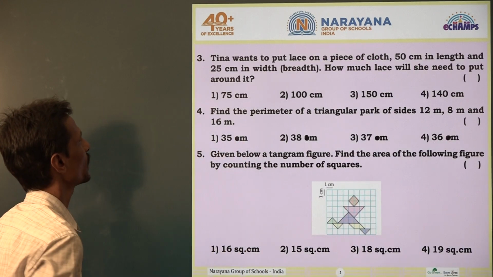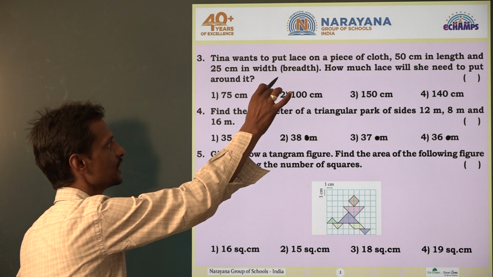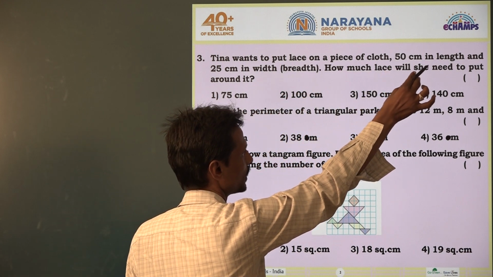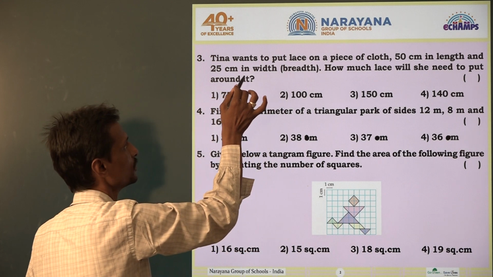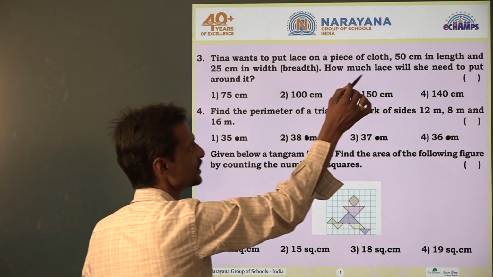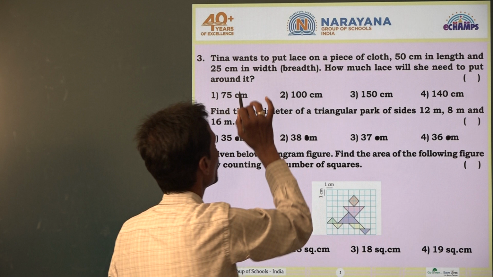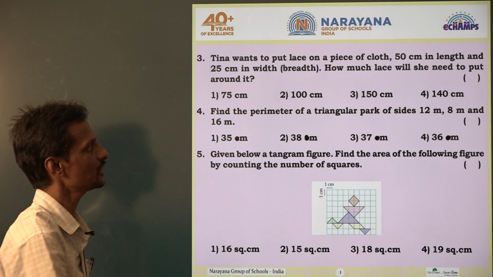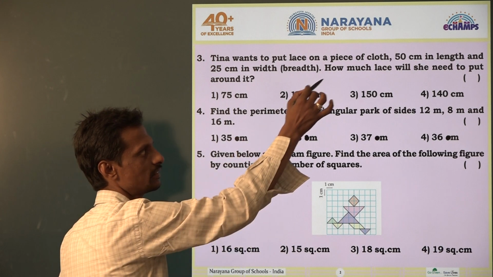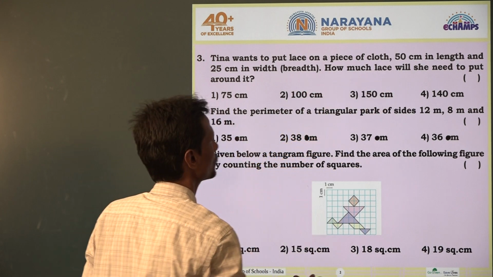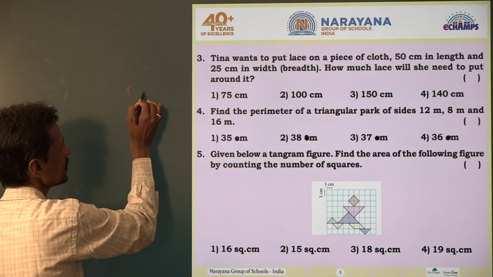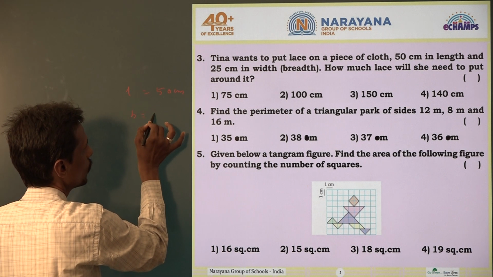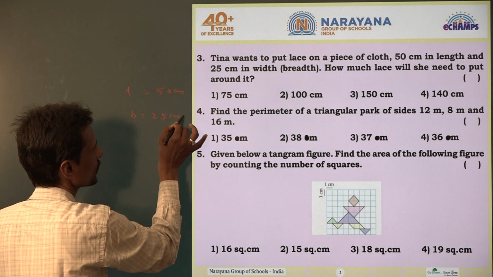Next, the third one. Tina wants to put a lace on a piece of cloth, 50 centimeters in length and 25 centimeters in width. How much lace will she need to put around it? Here the piece of cloth is a rectangle. So length is 50 centimeters, width is equal to 25 centimeters.